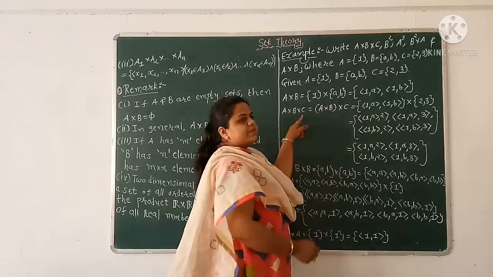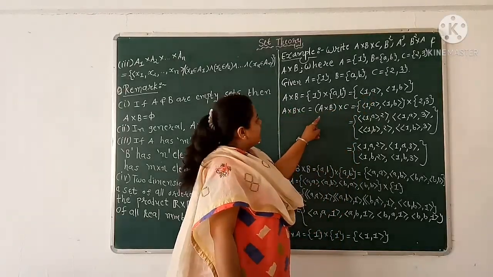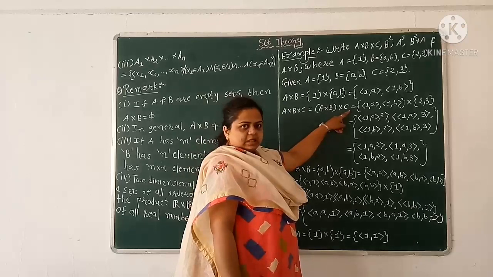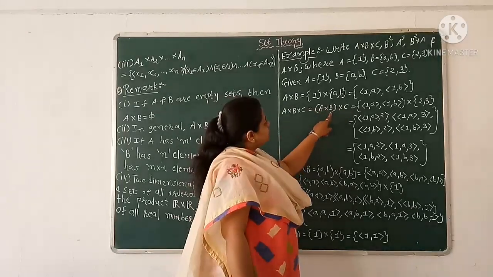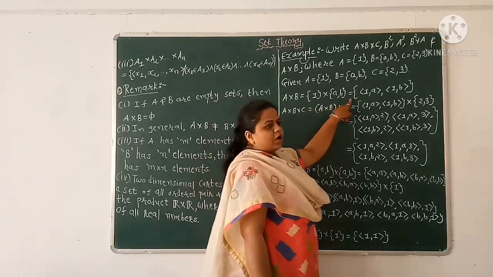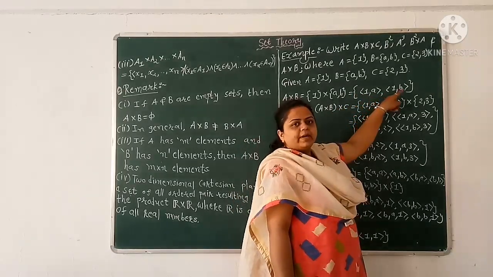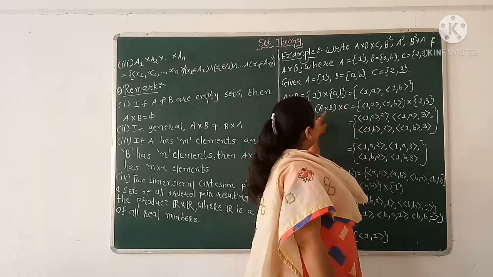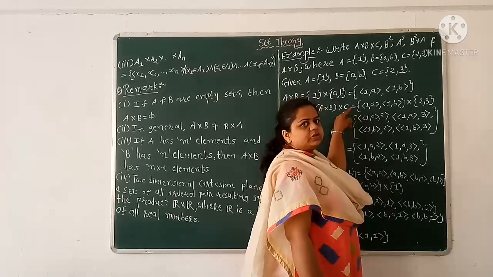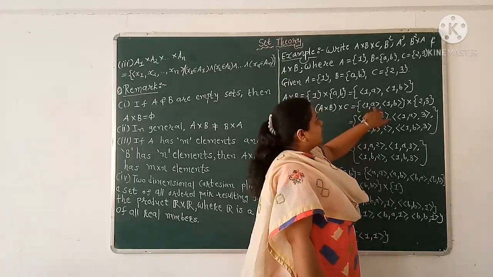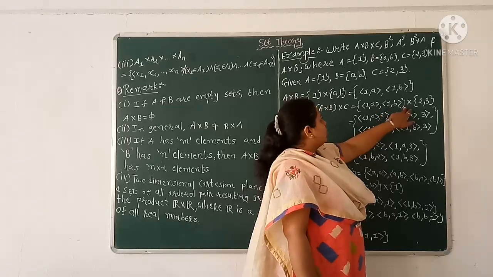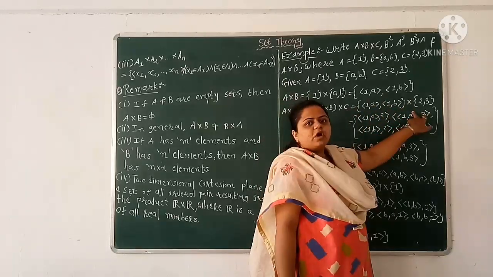Now, A cross B cross C. Here we have A cross B equal to the set of ordered pairs (1, a) and (1, b). So A cross B cross C is equal to {(1, a), (1, b)} cross C, that is {2, 3}.